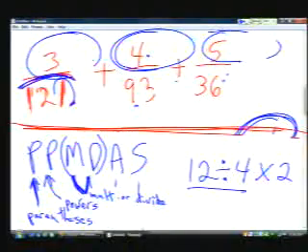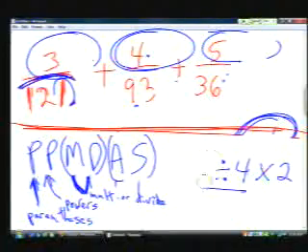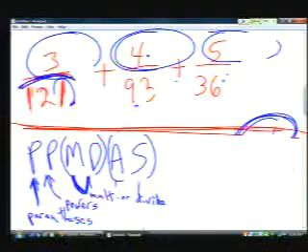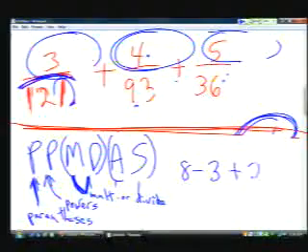So this multiplication or division, that's in order from left to right. And then you'll do your addition or subtraction in order of left to right. So in other words, sometimes subtraction may actually happen before addition. If you have 8 minus 3 plus 2, then the subtraction is going to happen before the addition.